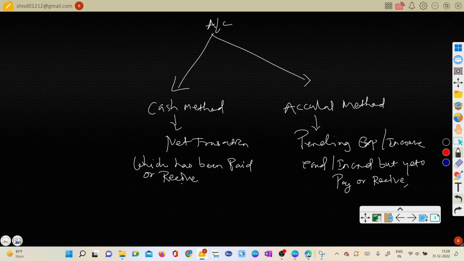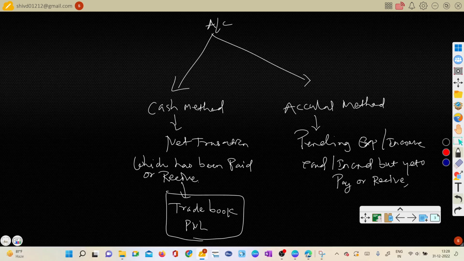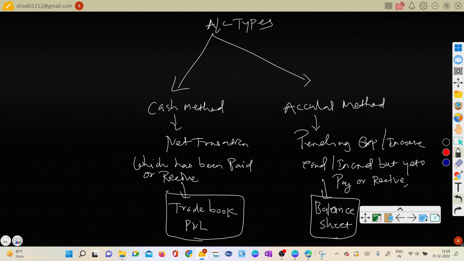And the important point is that all cash transactions you can record to the trade book and P&L. All accrual or pending expenses you can record to the balance sheet. That's the difference, guys. Okay, so this is how your different accounting types work.